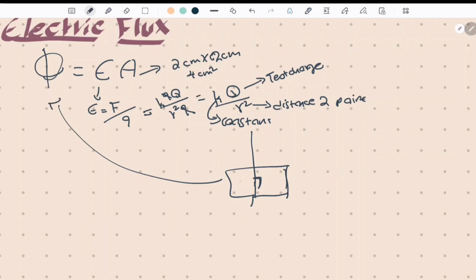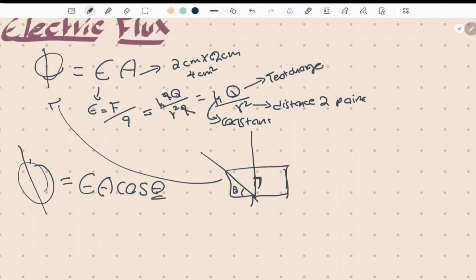But if they have an angle just like this, then we use the formula flux is equal to EA cos theta, in which theta is the angle formed between the surface that is being penetrated and the electric field line.